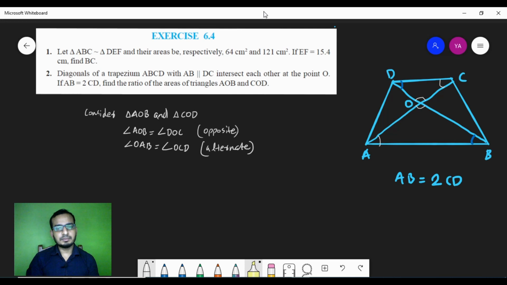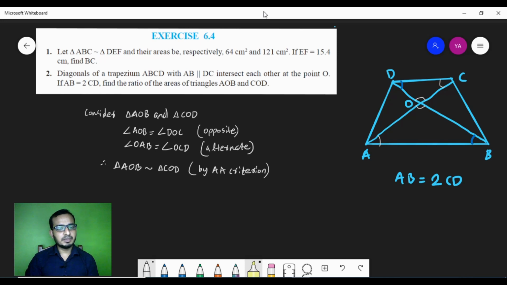Actually this is enough. By AA criterion we can say, no need to go for the third angles. So we can write, therefore triangle AOB is similar to triangle COD. The reason you can write inside brackets: by AA criterion.